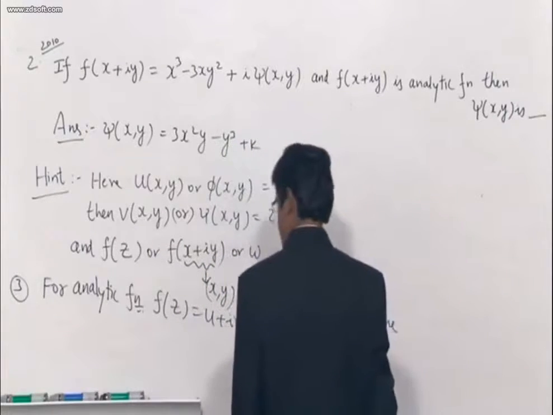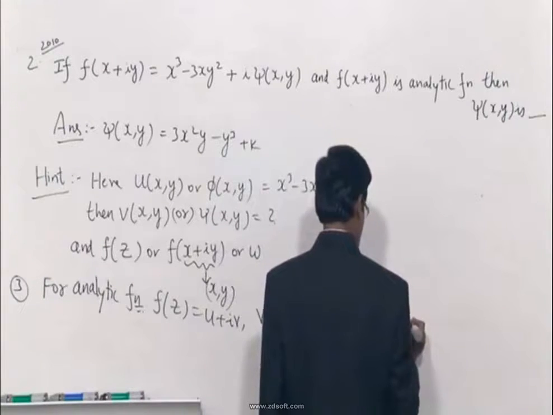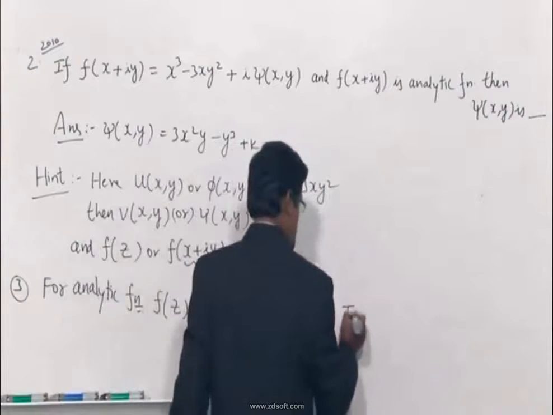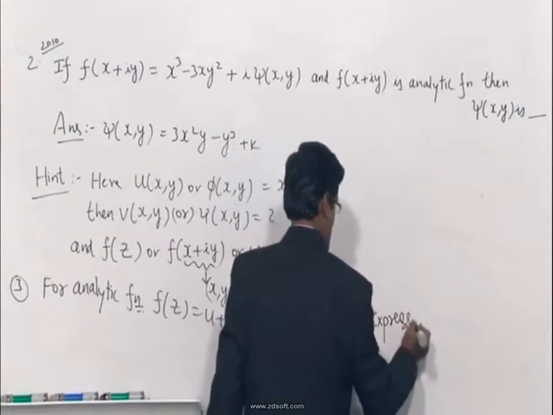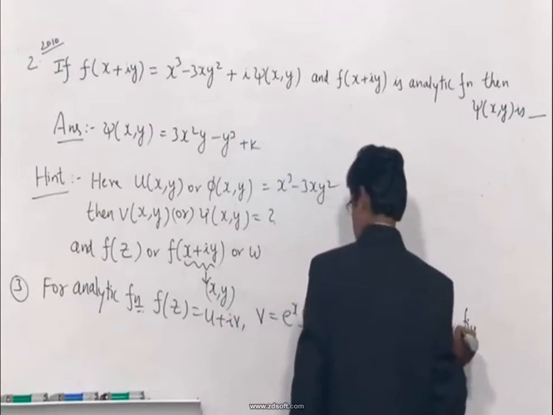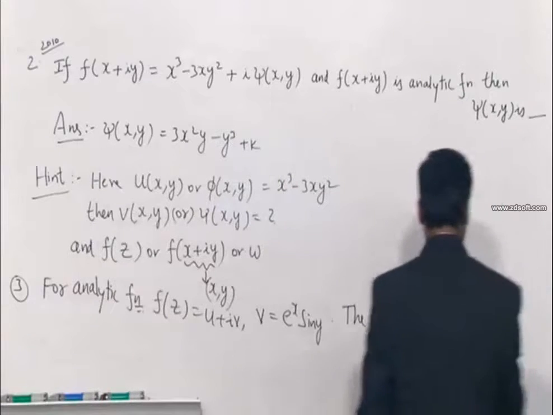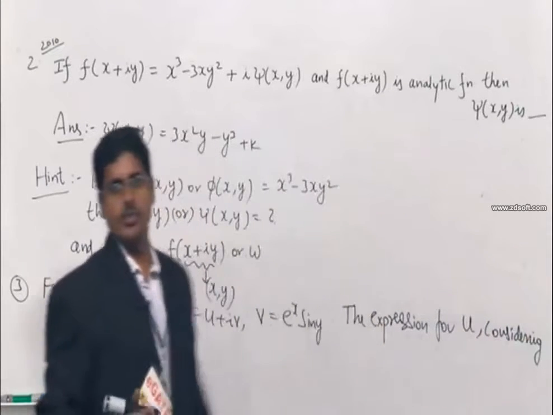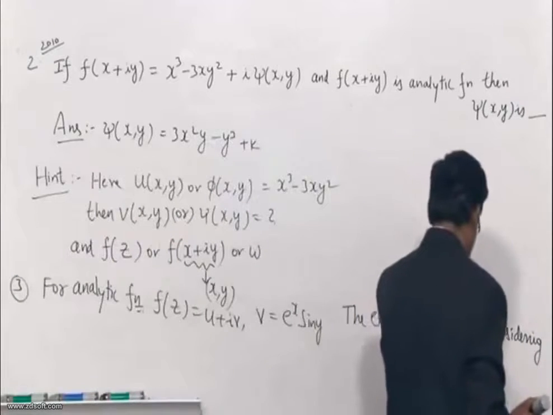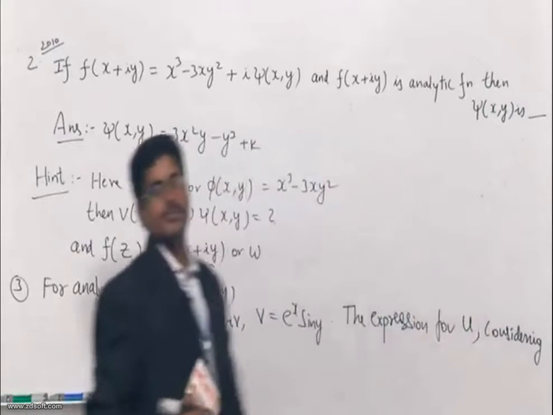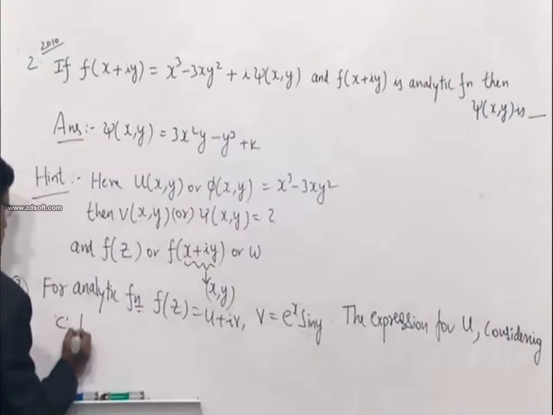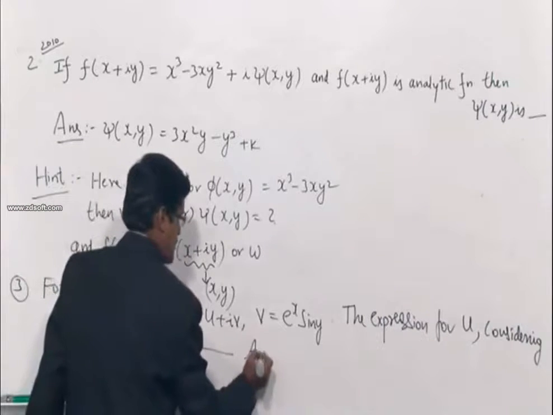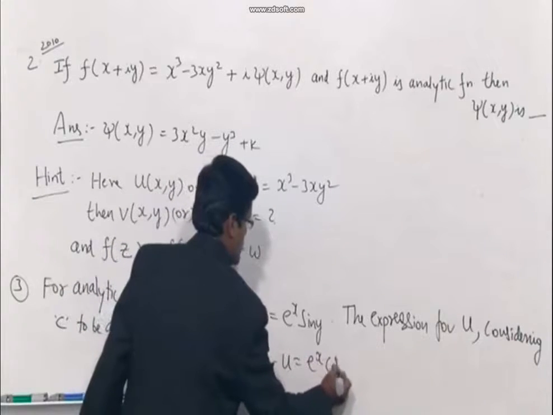Find the expression for u here, because v is given, considering C to be a constant, is. Answer: u is equal to e power x cos.